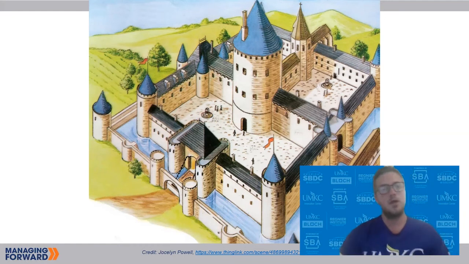So the point is, castles used many different layers of security to keep potential attackers from breaching the walls. The exact same idea holds for cybersecurity. You shouldn't rely on only one measure for safeguarding your organization. Different measures address different issues, and the best strategy is a layered strategy that you can implement through defense in depth.